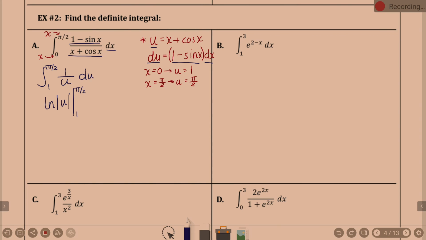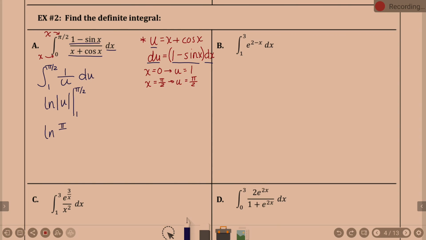So at this point, we're ready to substitute and evaluate, right? If you did not change these boundaries and we were still working with 0 and pi over 2, we'd have to go back in and put x plus cosine x right here. But since we changed it, we just get to plug it in.